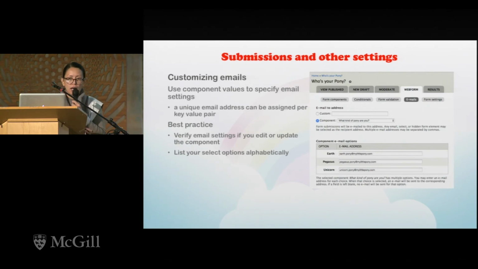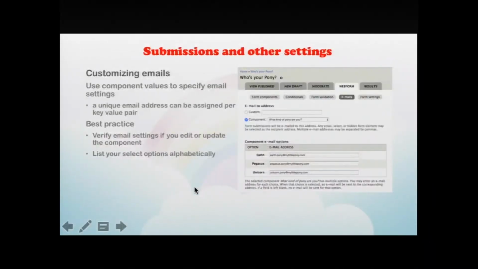Now, I don't know if most of you realize that it's also possible to specify different email submission recipients based on how users respond to questions on your form. In this example, as you can see here on the right, someone who answered the question, what kind of pony are you?